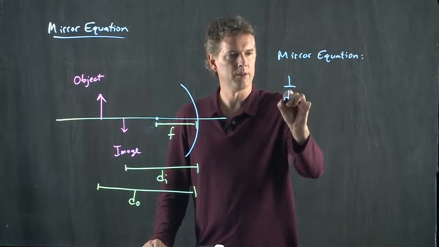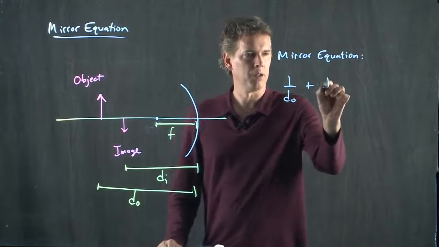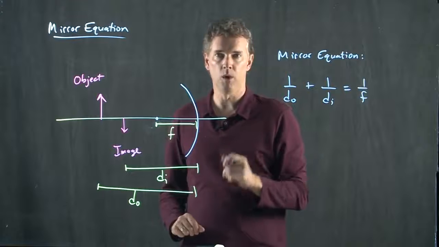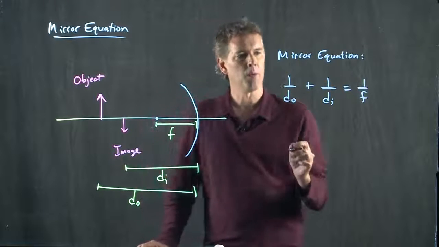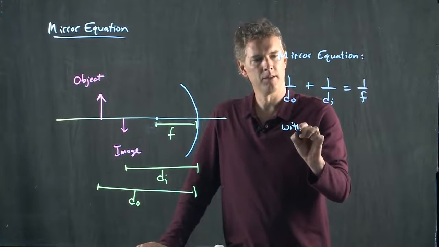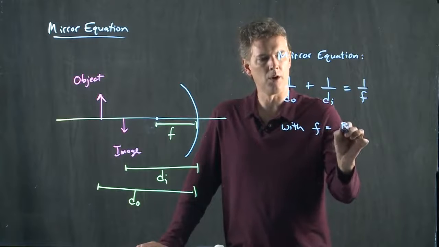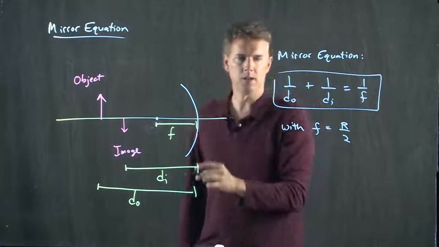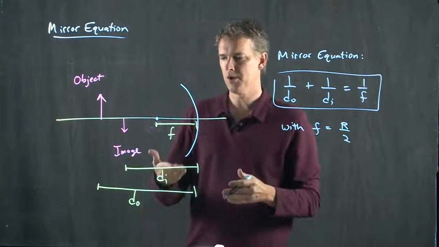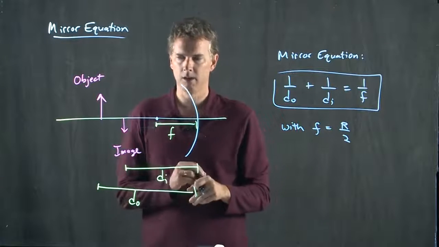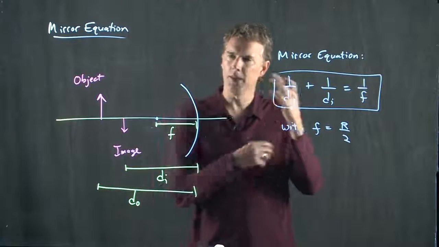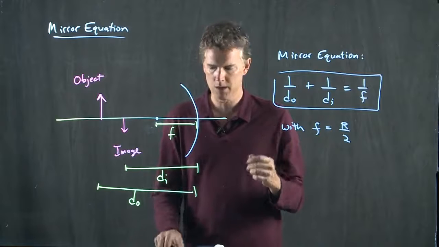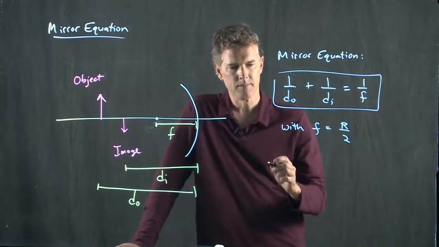1 over dO plus 1 over di equals 1 over f. And remember that f was equal to r over 2. Okay? This thing is going to help you determine where di is. So let's take a look at the last clicker question that we just looked at and verify that this equation is in agreement with that.